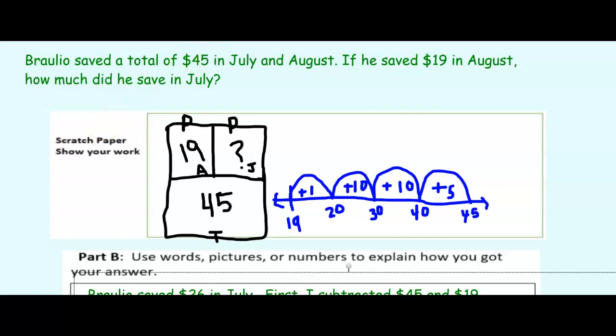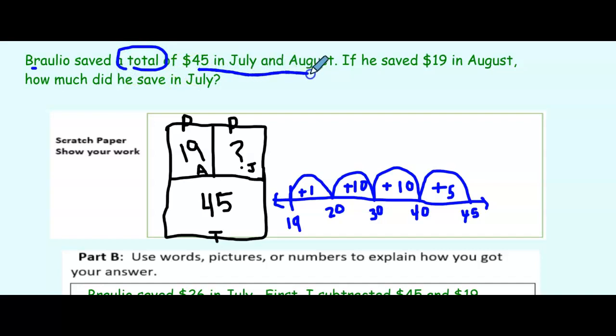Let's see. You should have underlined Braulio saved a total of $45 in July and August. If he saved $19 in August, how much did he save in July? Boys and girls, total of $45.